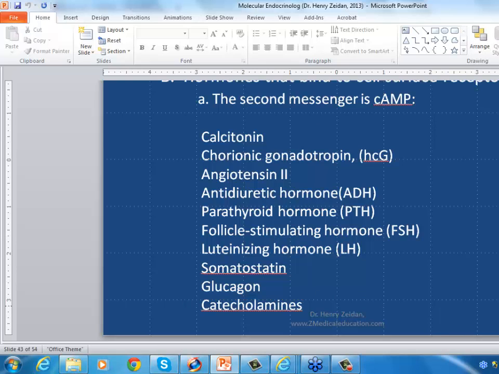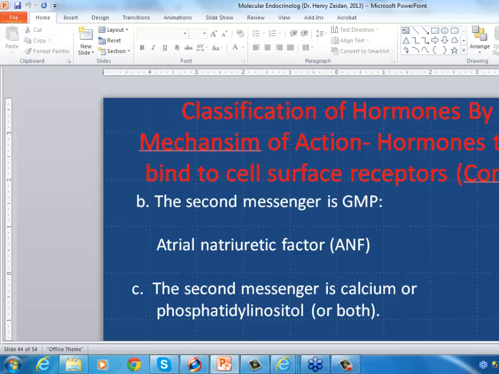They can modulate production of second messenger. The second messenger does not have to be tied only to cyclic AMP. GMP can get involved as well. Atrial natriuretic factor, ANF, can be considered as a modulator for the second messenger GMP.